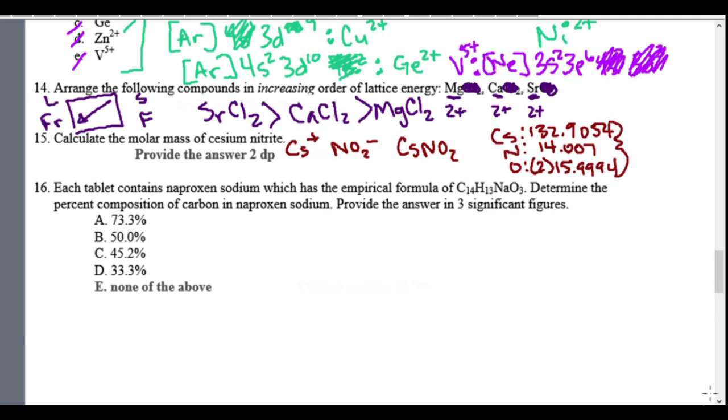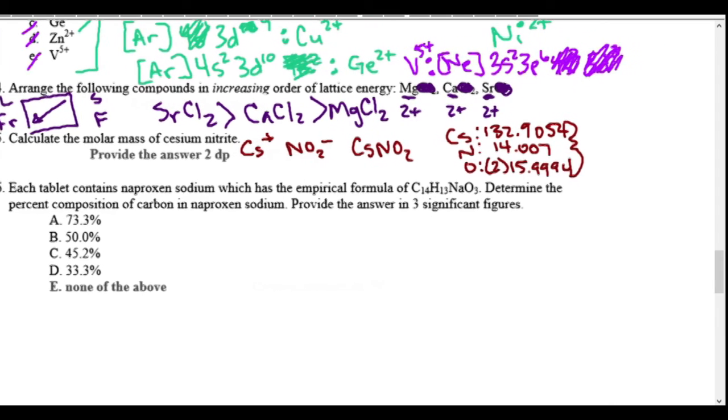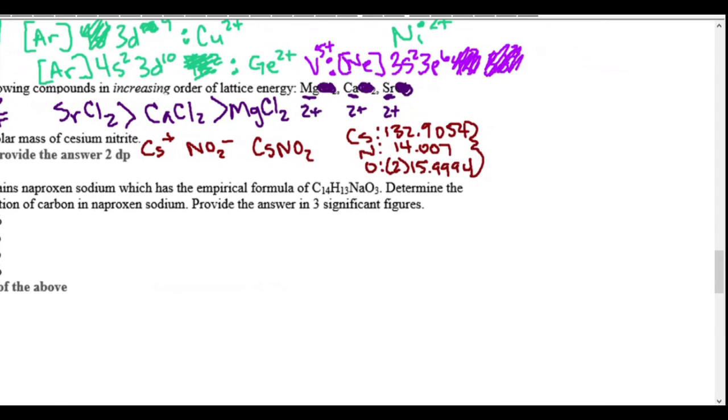So when we do the math here, hopefully the addition is strong with you guys, you get 178.9112 grams per mole. She says to provide the answer to 2 decimal places, so that would give us an answer of 178.91 grams per mole.